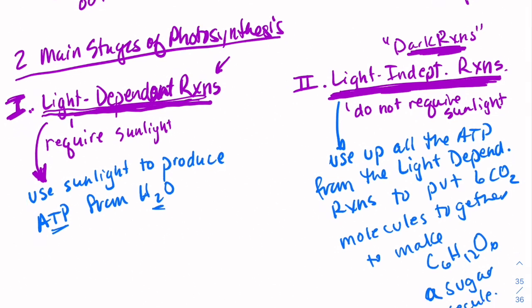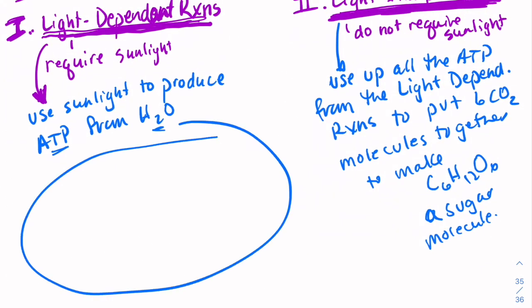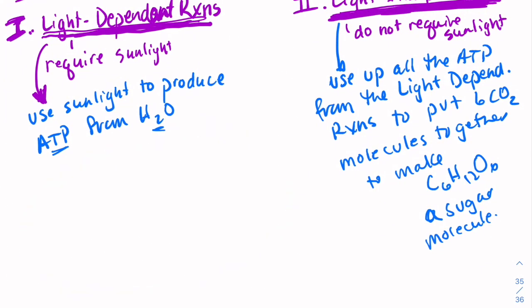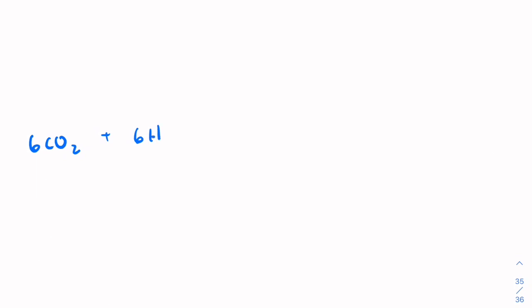Okay, so let's write out, leave yourself some space over here. But I'm going to come down here and again write 6. I'm going to give myself a little more space. 6 CO2 plus 6 water molecules.